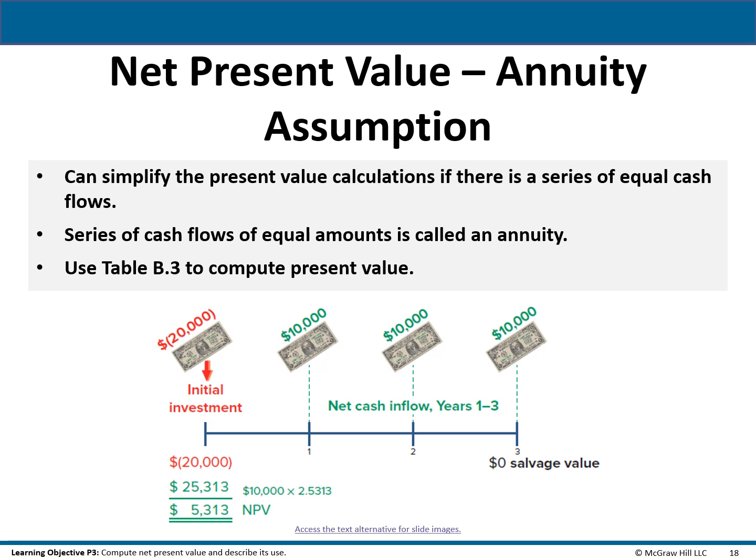This discount factor, also known as an annuity factor, is 2.5313. So we then compute the same 25,313 that we did on the last slide by taking the $10,000, which is that annual equal cash flow, multiplied times the annuity factor of 2.5313. So you can see the calculations on this slide here.